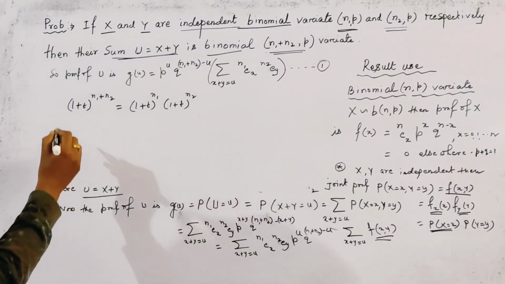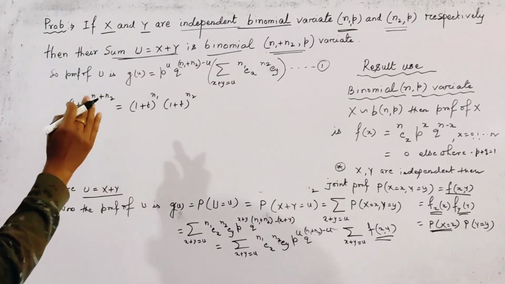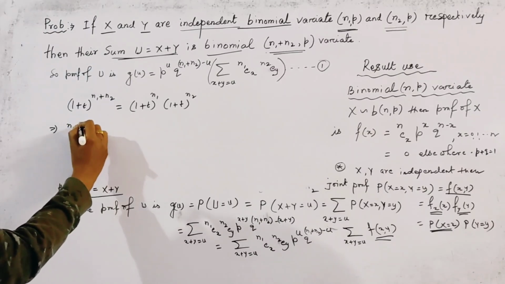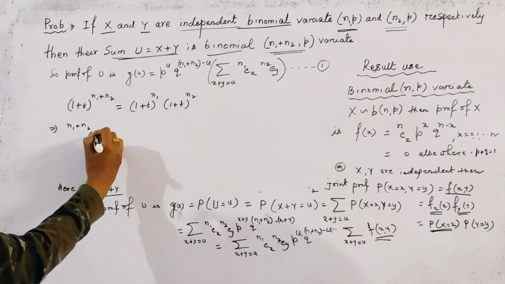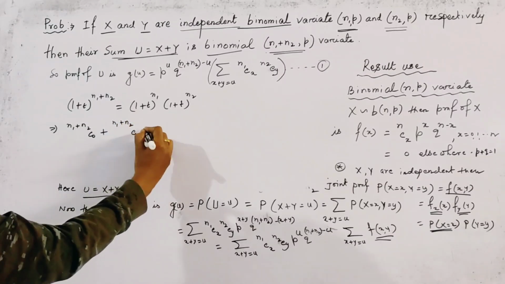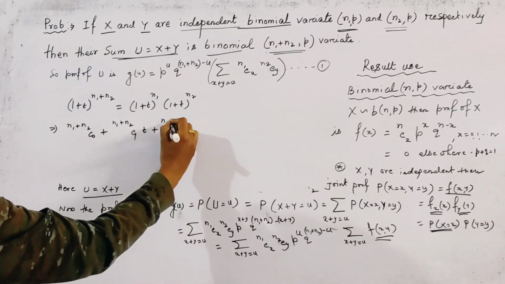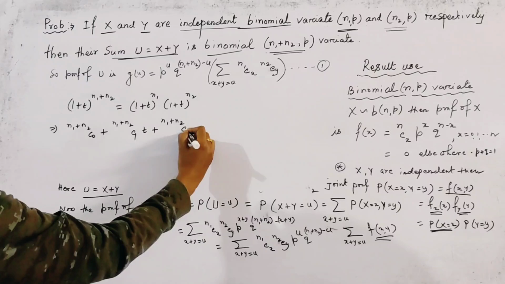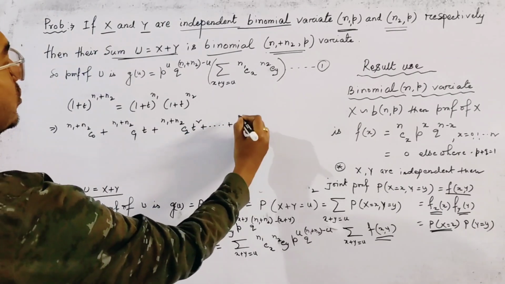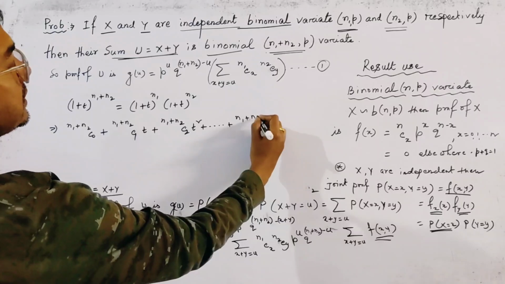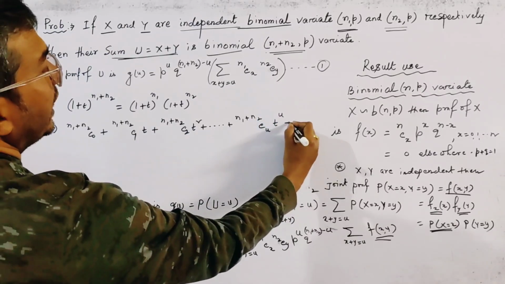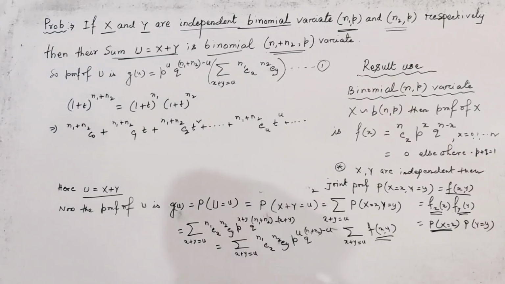If we expand both sides in binomial expansion, then we get n1 plus n2 c0 plus n1 plus n2 c1 into t plus n1 plus n2 c2 into t square, and so on. We get n1 plus n2 cu into t to the power u, and so on.